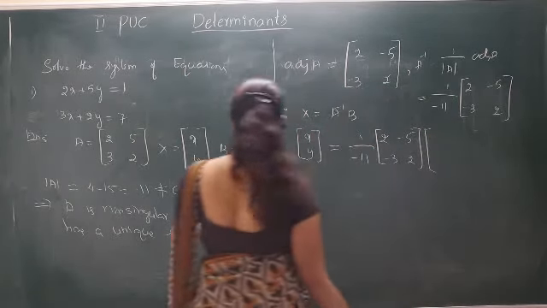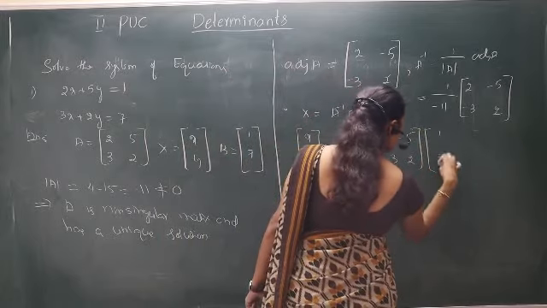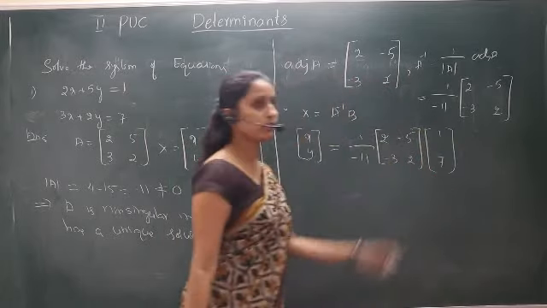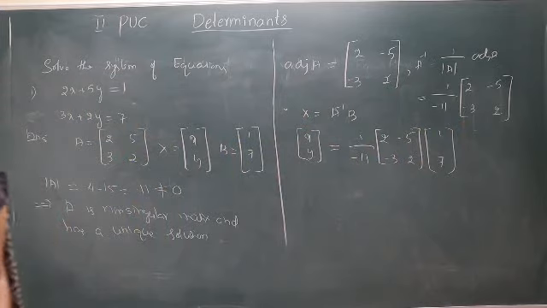Don't multiply, keep it as it is. Now we substitute these values, 1 by minus 11 into the 2 by 2 matrix, into matrix B, 1 and 7. It is 2 by 2 and 2 by 1, so the answer is of order 2 by 1.